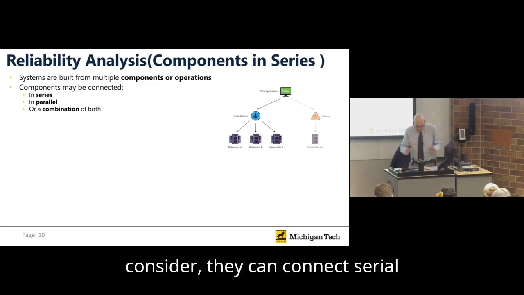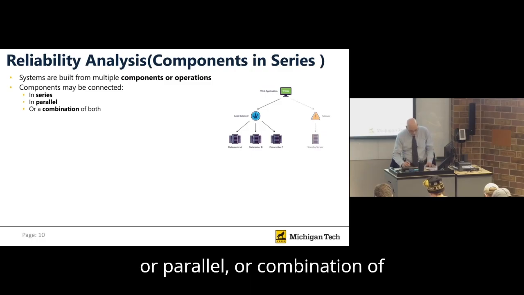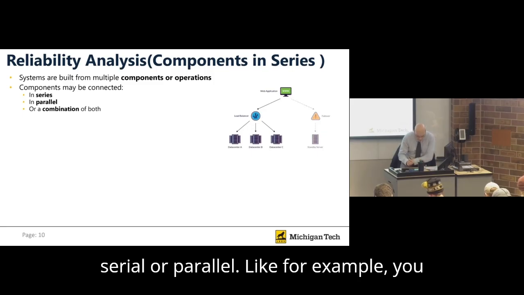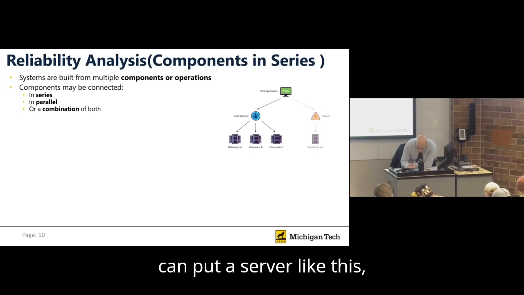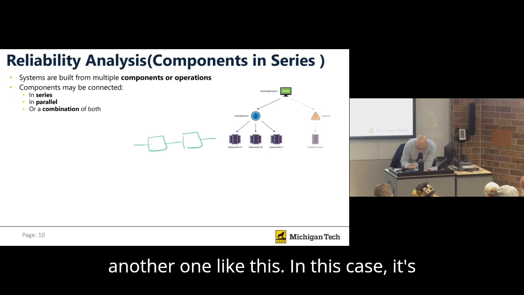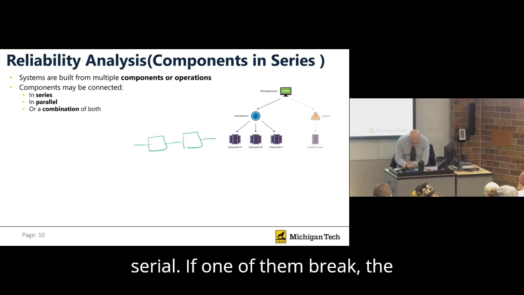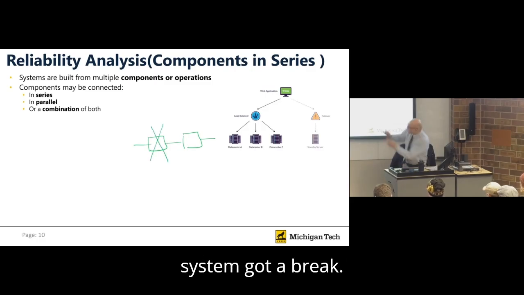They can be connected in serial or parallel, or a combination of serial and parallel. For example, you can put a server like this, another one like this. In this case, it's serial. If one of them breaks, the system is going to break.